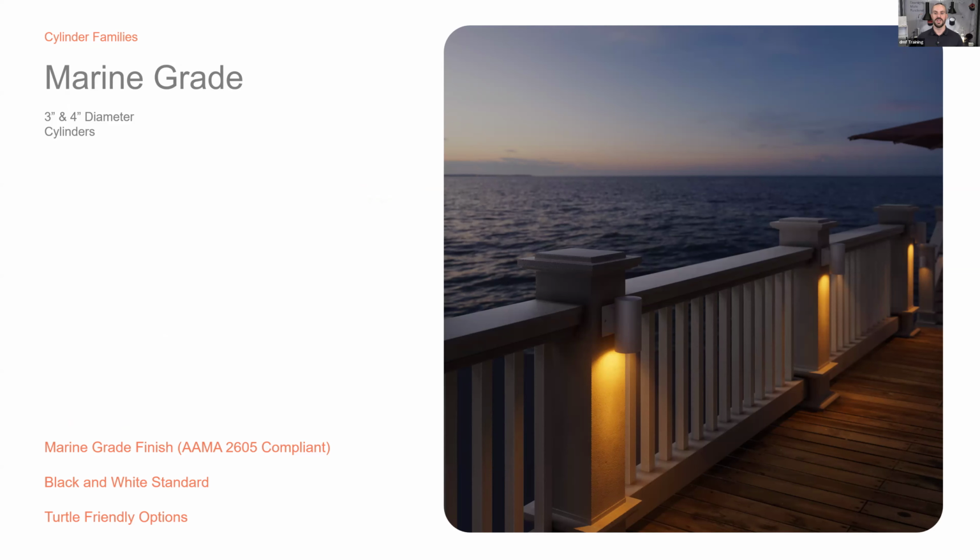I should note turtle friendly options are available across the entirety of the M and X series cylinders and also within the downlights. However, we do see them most commonly in coastal applications. So the best choice is to get these in a marine grade cylinder. So you have the durable finish, the IP65 rating, and your turtle friendly lighting all in one. So you can look for those under the marine grade cut sheet and you'll see that turtle friendly option there.